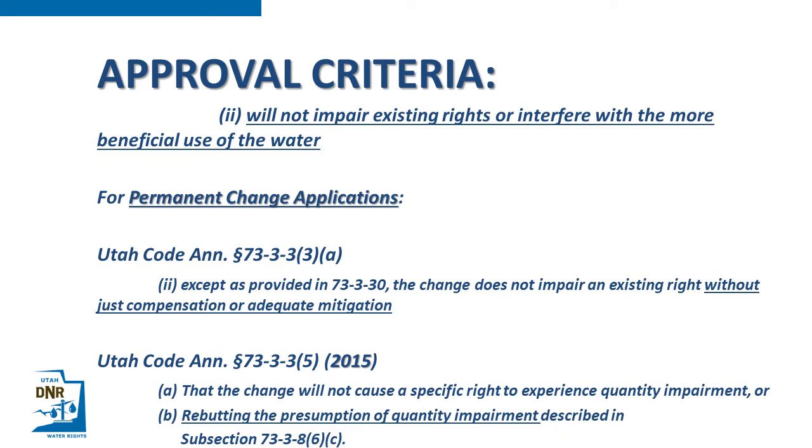Another element within the change application framework, found in Utah Code Section 73-3-3, says that if a change does impair an existing right, the applicant may need to provide just compensation or adequate mitigation must be made. But generally, a change should not impair another right.